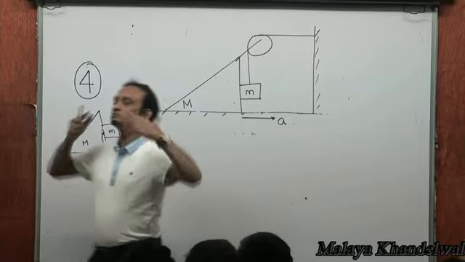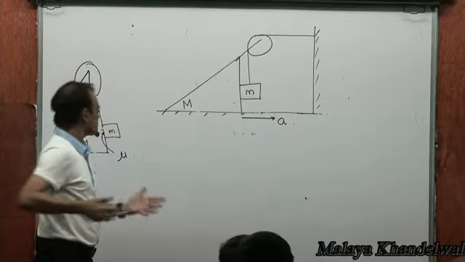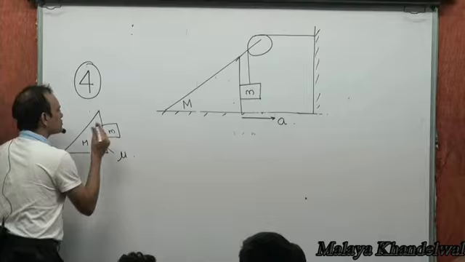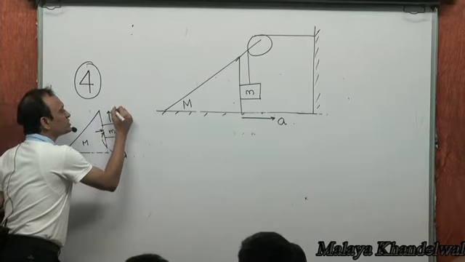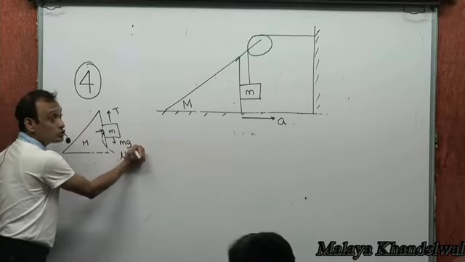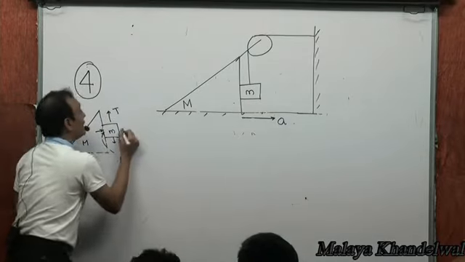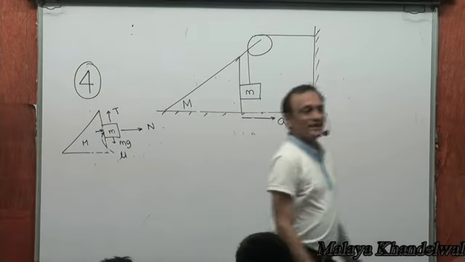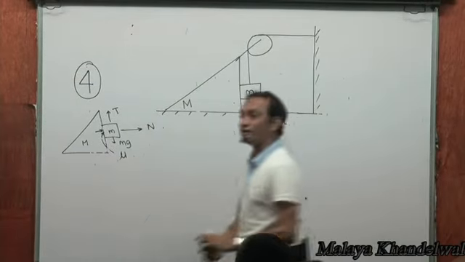Tell me. There is going to be frictional force, there is going to be tension, there is going to be Mother Earth, and capital M will exert on small m a normal reaction N to the right. Yes or no?